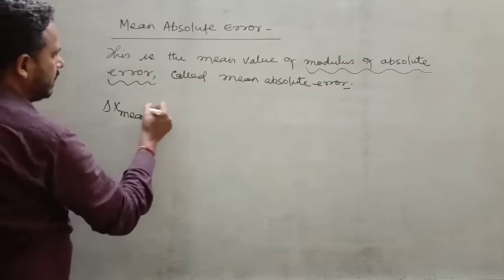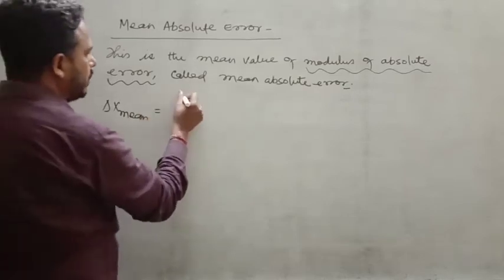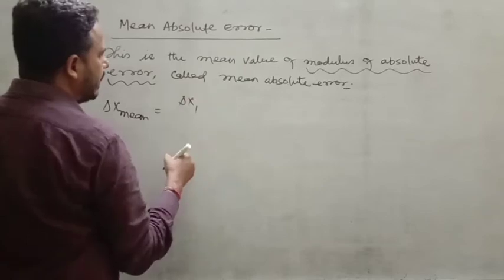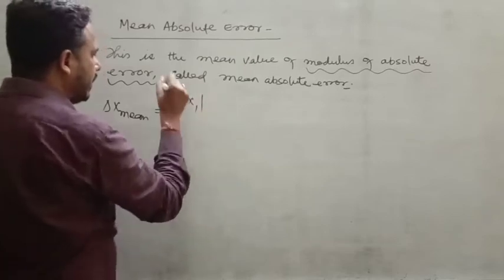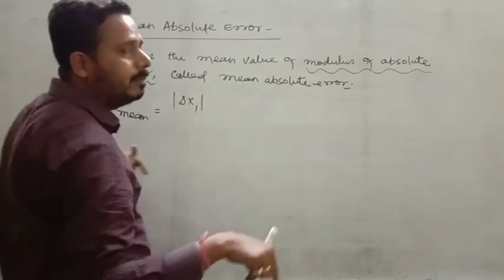You have to take the absolute error. Your absolute error is delta x1, but you have to take its modulus and then find the mean value.